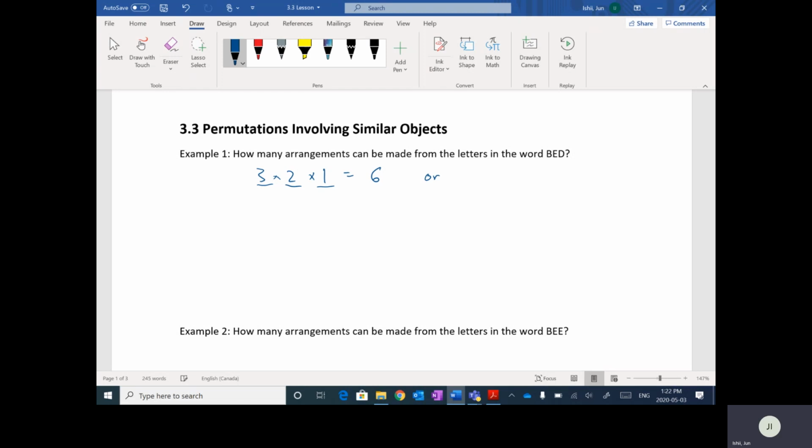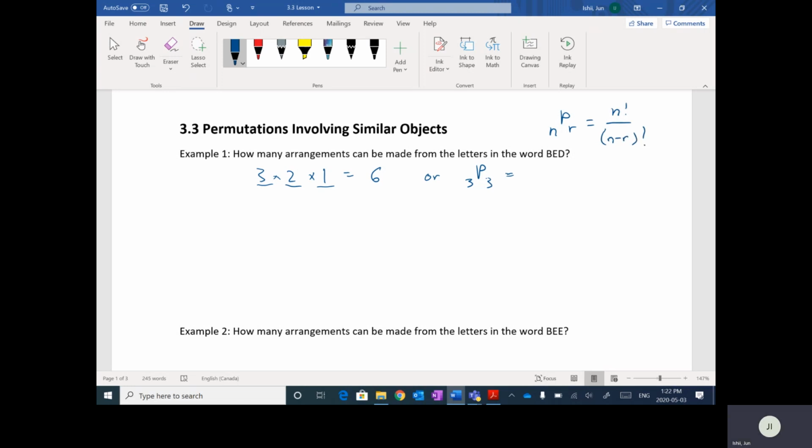Or we can use what we did last lesson with permutations. If we want to interpret it as a permutation question, this would be 3 pick 3. So we have 3 options, and we're actually picking 3 letters. Now the formula for permutations, I'll just scroll up here, is n pick r equals n factorial over n minus r factorial.